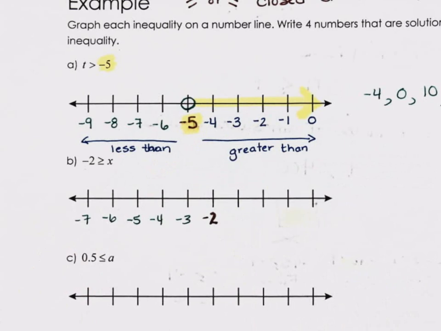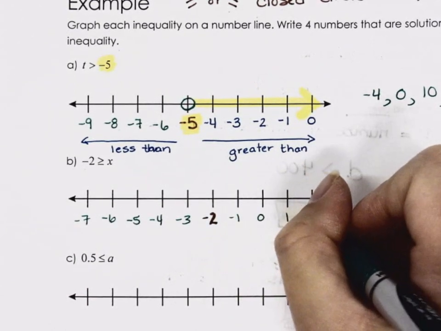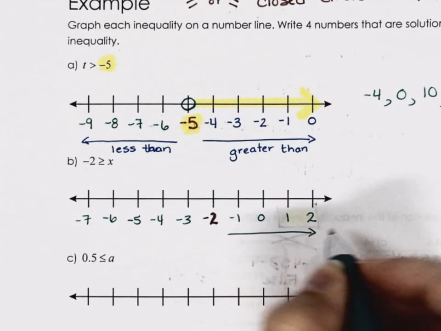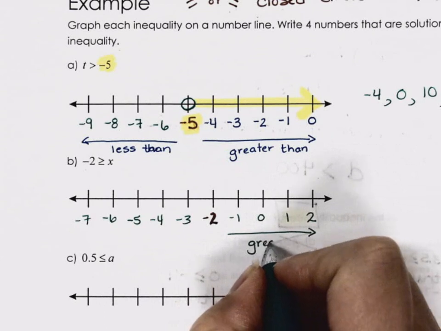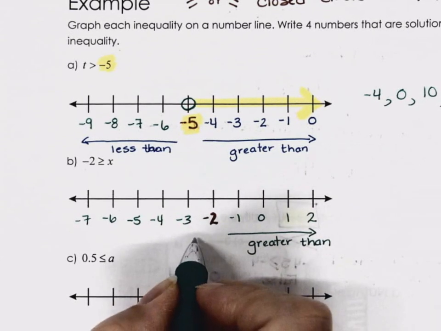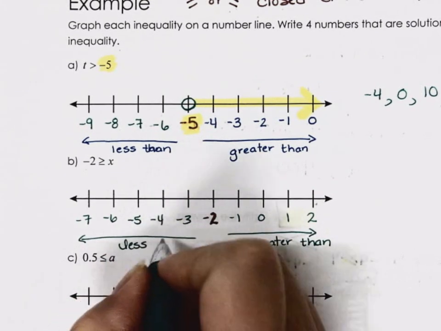These are increments, so they have to go in the same pattern. And this side would be -1, 0, 1, 2. These numbers would be greater than, and these numbers would be less than.